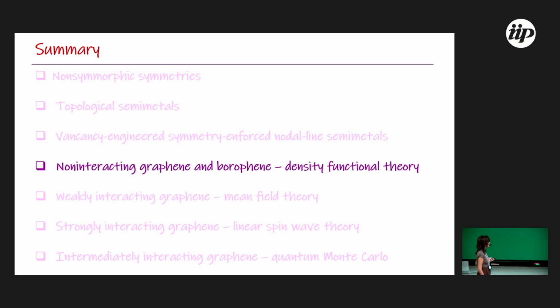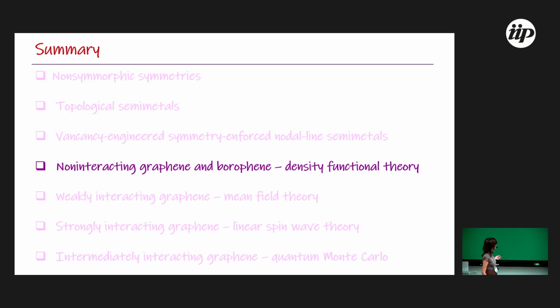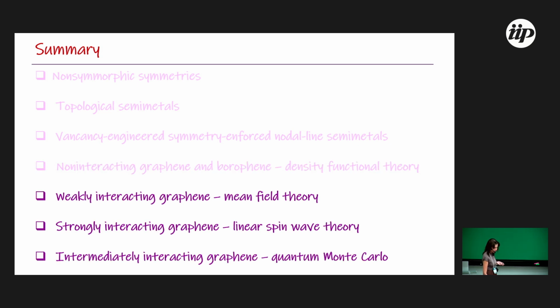And I'll show you how this actually works in real materials, like, for example, graphene and boraphene, using density functional theory. But this is for non-interacting, without electron-electron interactions. If we put on electron-electron interactions in your material, then you want to ask the question, what happens with this nodal line semi-metal?